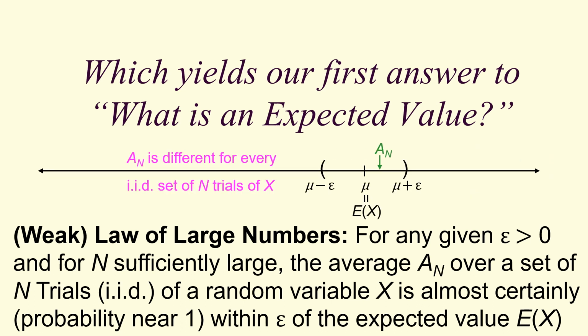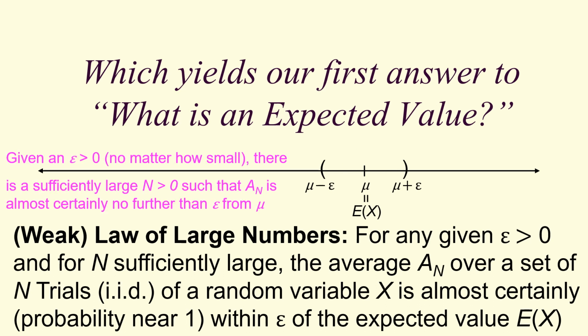What that means is even though the sample mean is different for every set of n trials, we still have that no matter how small epsilon is, for a sufficiently large n, A_n is almost certainly no further than epsilon from mu, the expected value of x.